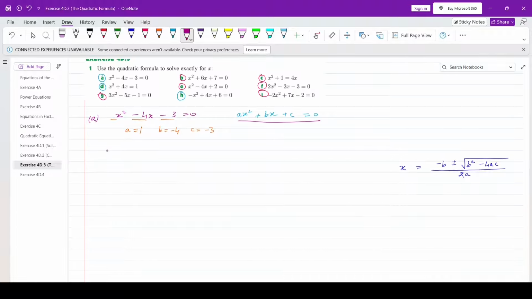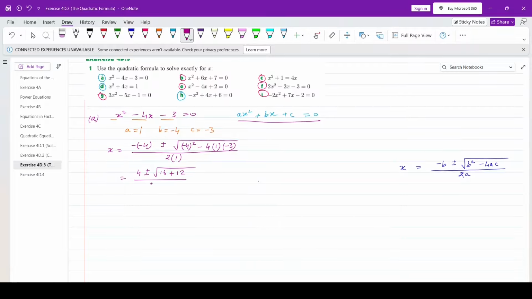So using this formula, x = negative of negative 4, because b is -4, plus minus the square root of b², that is (-4)², minus 4 times a, that is 1, and c, that is -3, divided by 2 times a, that is 1.